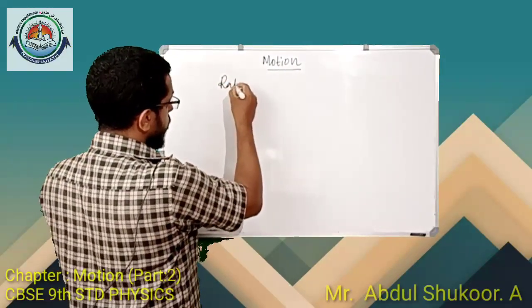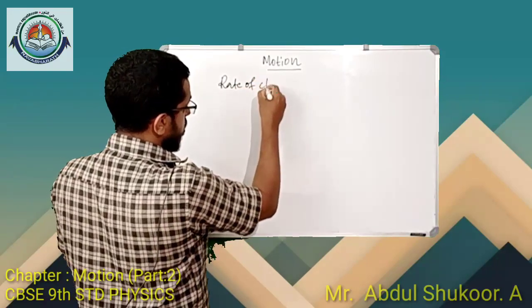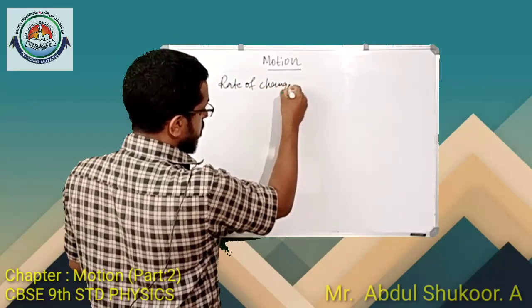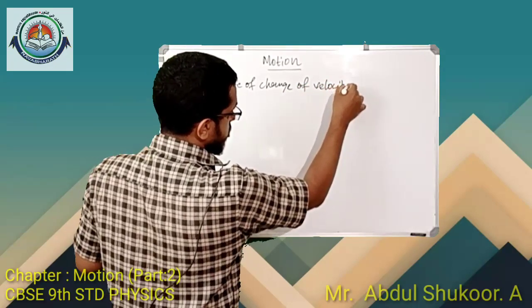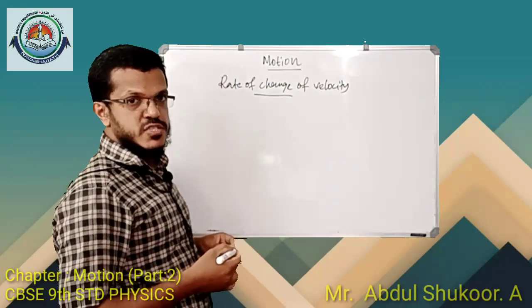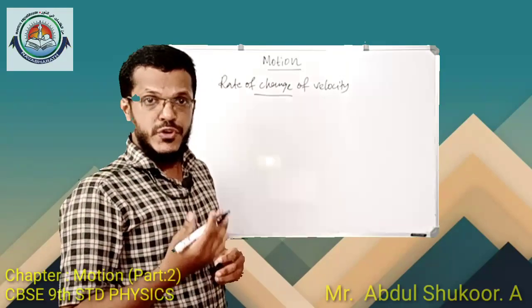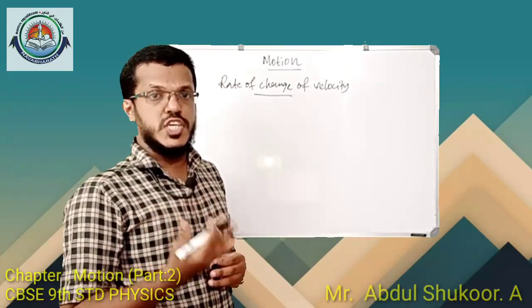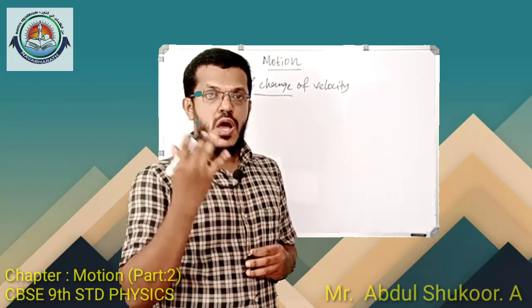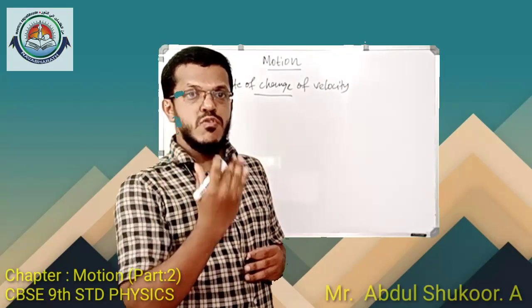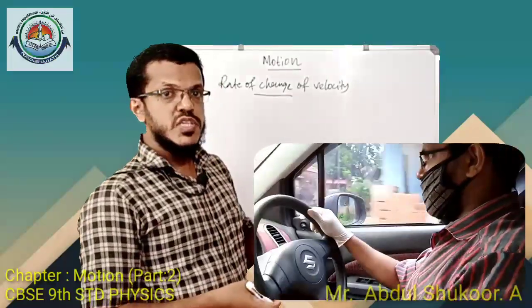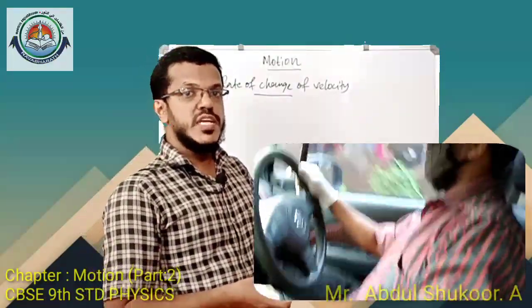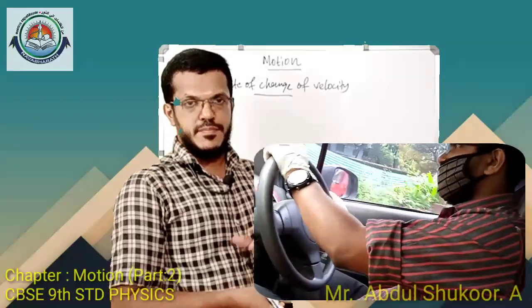Next topic is rate of change of velocity. In the case of uniform motion, or uniform velocity, when an object moves with uniform velocity in a straight line, the value of velocity does not change with time.